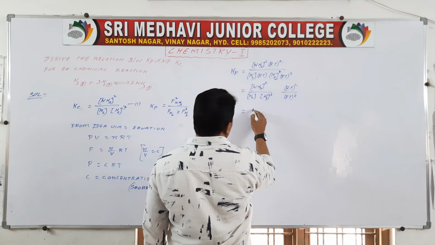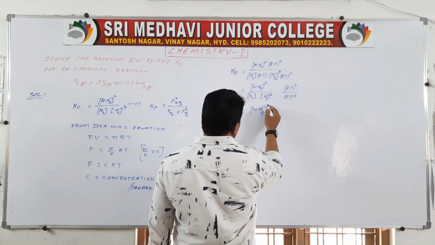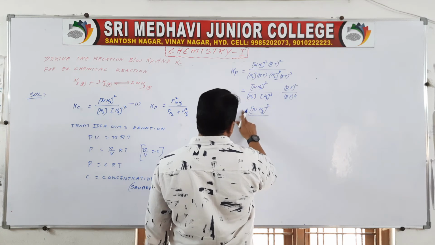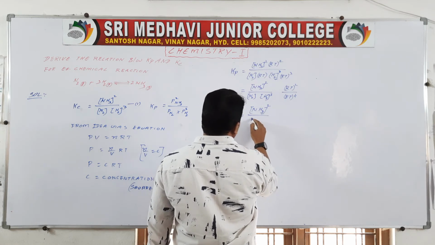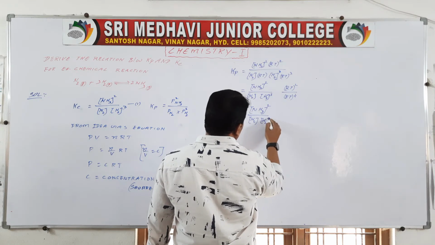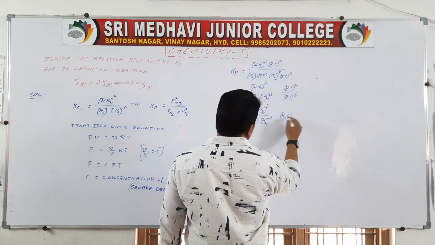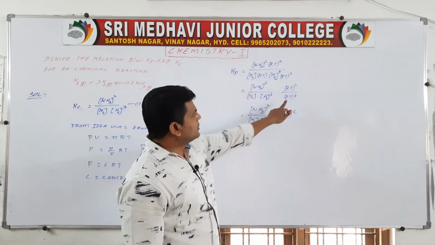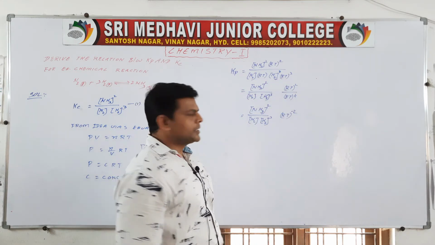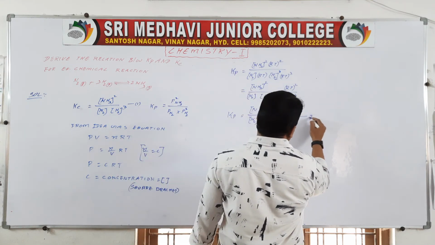So this is equal to NH3 square concentration by N2 concentration H2 concentration cube RT to the power of -2. So this going up means RT to the power of -2. Then it is Kp. It is equation number 3.